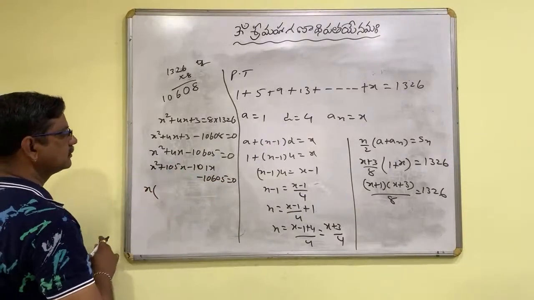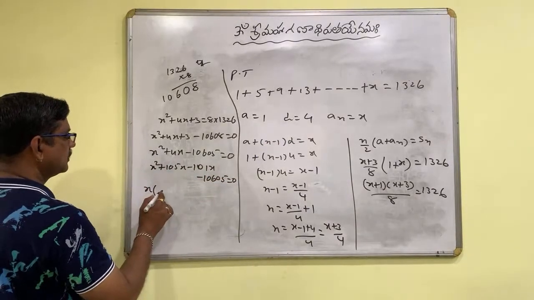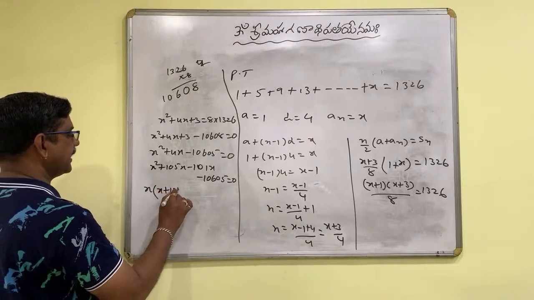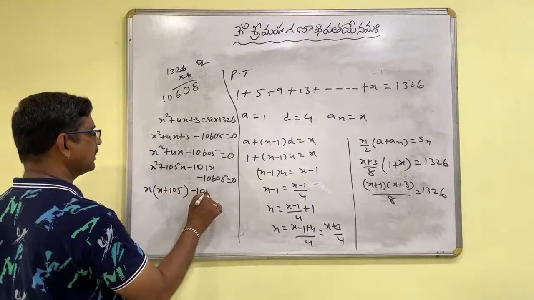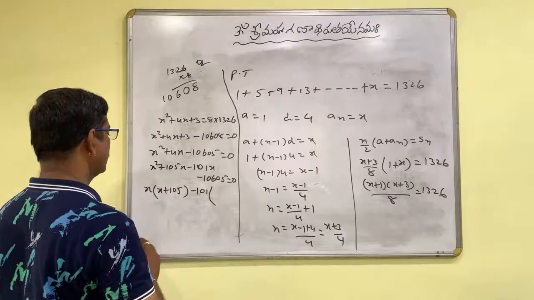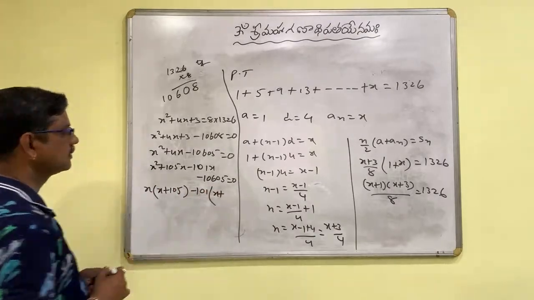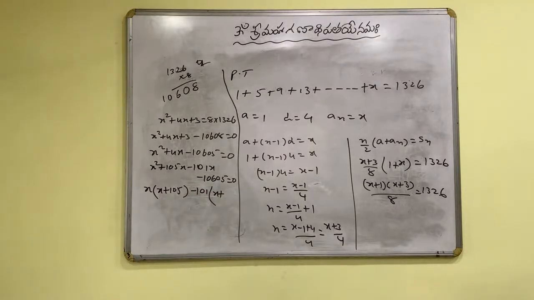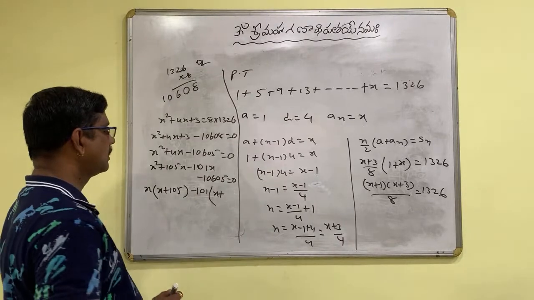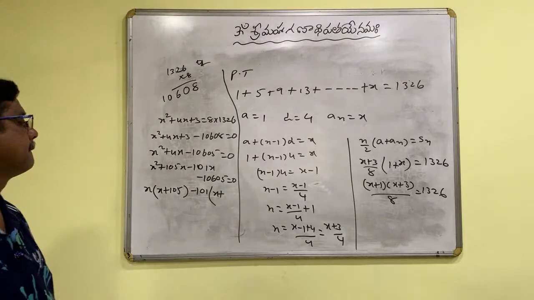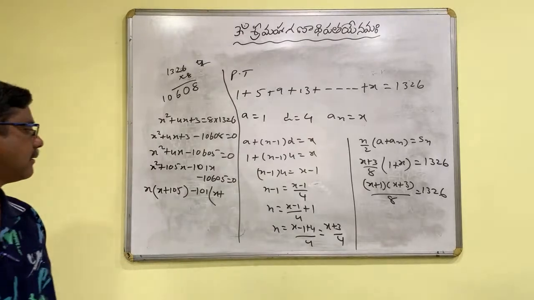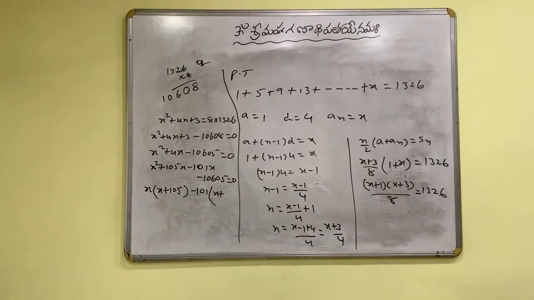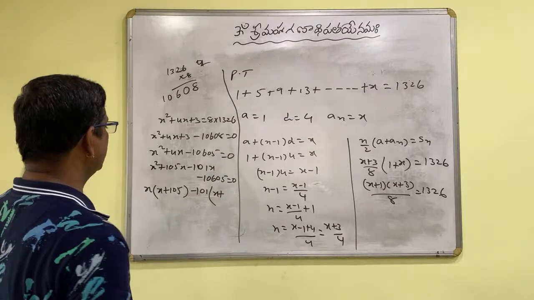Take x common. x plus 105 minus 101 common. x plus how many times? 105 times.